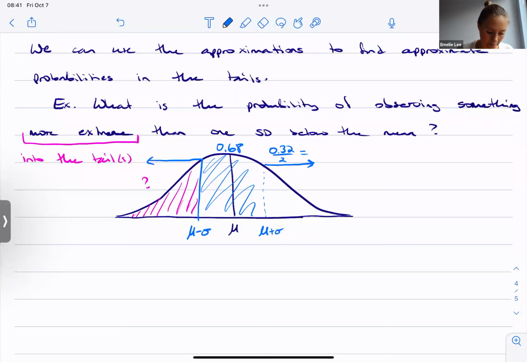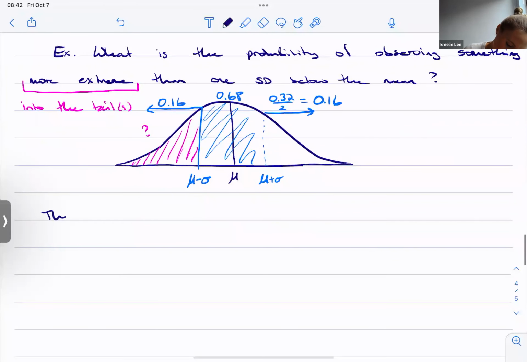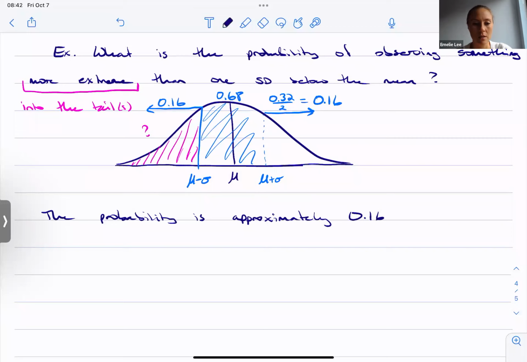But let me just confirm. 0.16 and 0.16. Right. So now the area that I'm interested in, I just found, is approximately 0.16. The probability is approximately 0.16.